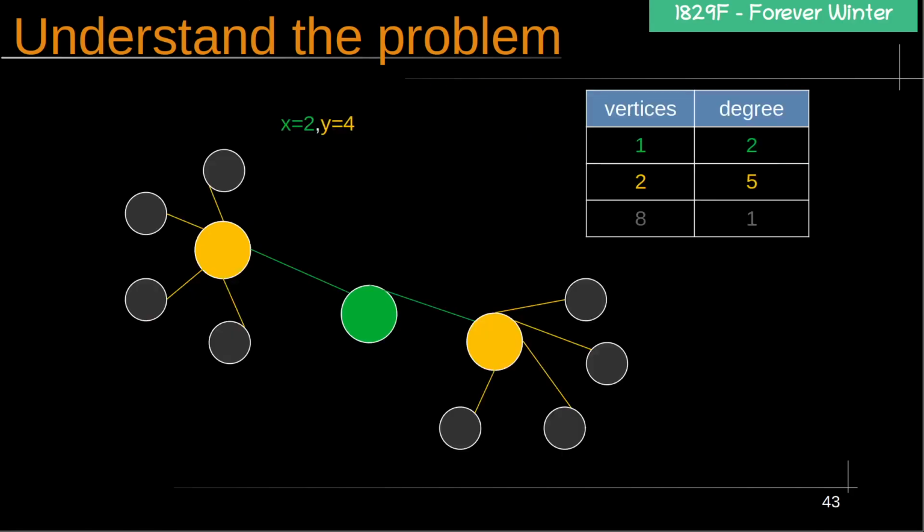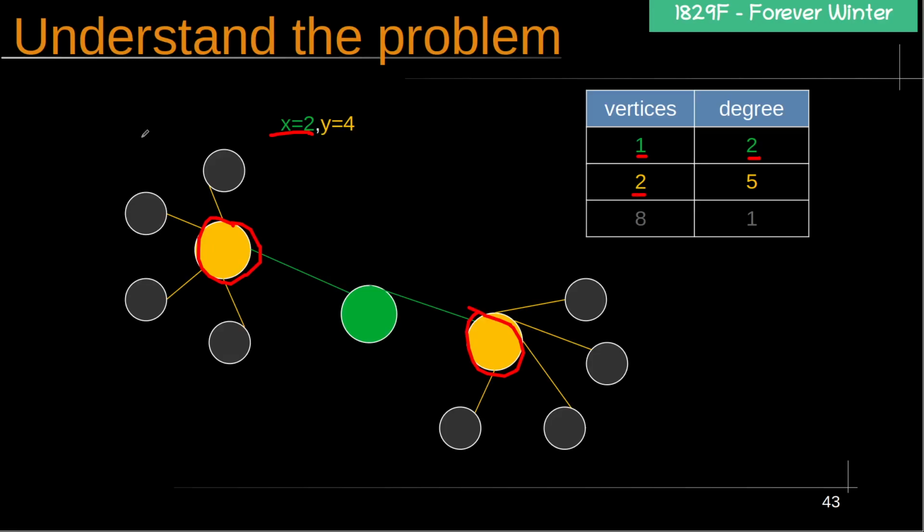We can take an example to understand what happened here. As you see in this image, we have a starting vertex of degree 2 in green, because x is equal to 2. So we have one vertex of degree 2. Because x is equal to 2, we have 2 center vertices.